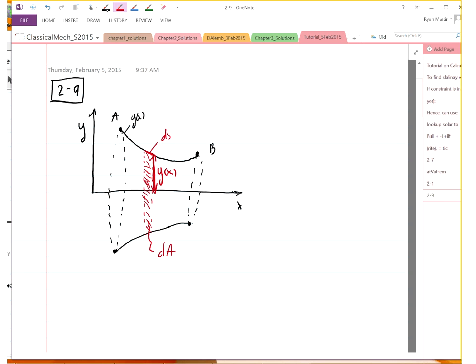So the area dA is the outer surface of a cylinder, right? The cylinder has a radius y of x, and it has a height ds. So the area of the cylinder is 2 pi y times the height, which is ds. So the total area of our surface will be the integral from point A to point B of 2 pi y ds.